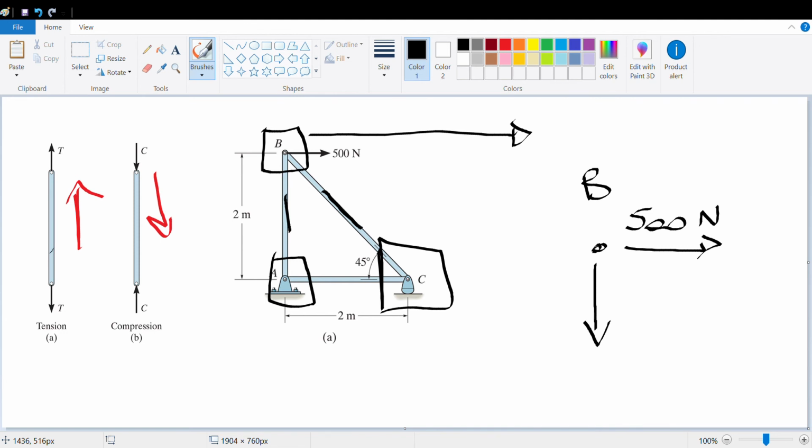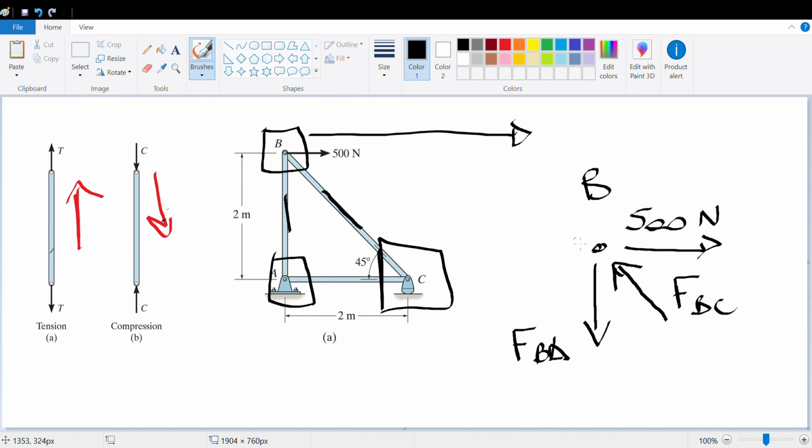If the member is instead under compression, then it will push on the pin. So I can either orient the two forces acting on the pin based on what I intuitively think their orientation will be, or I can just decide an arbitrary direction, for example by assuming that all members are under tension, and then by solving the equations I will find if that assumption is correct.